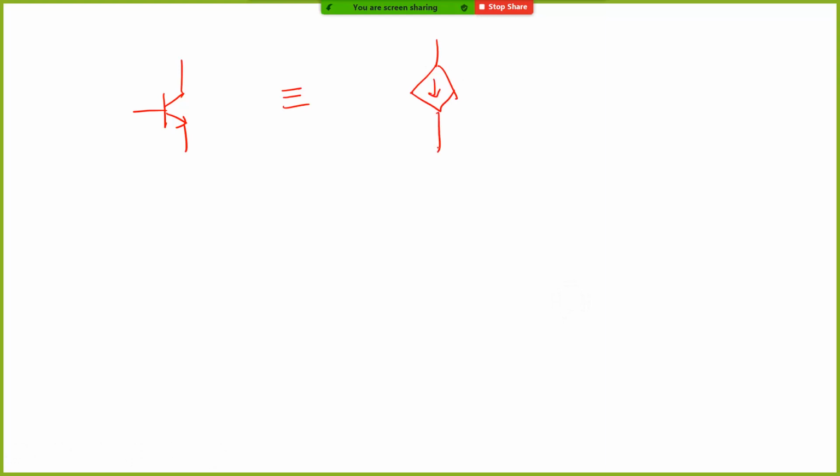You have a dependent current source and you have a diode. This is your base, this is your emitter, this is your collector. Now this current source value I can write as some IS times e to the power of VBE by VT. Correct. This is from our usual analysis.